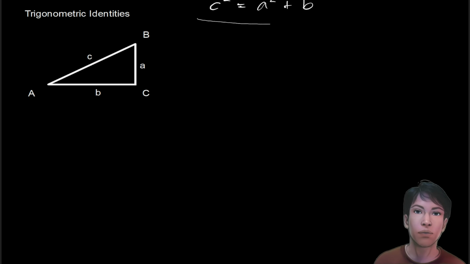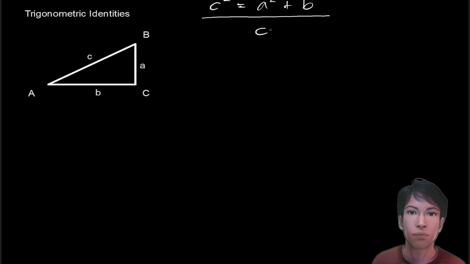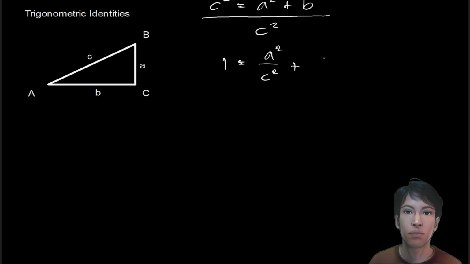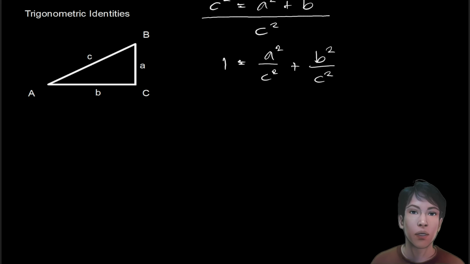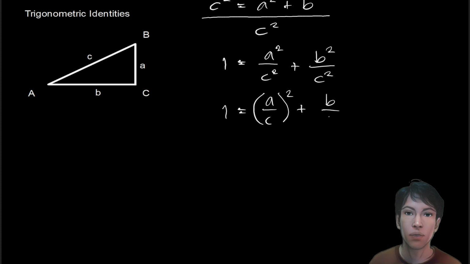If I were to divide this by c squared, 1 equals a squared over c squared plus b squared over c squared. I can write this as 1 equals (a over c) squared plus (b over c) squared.